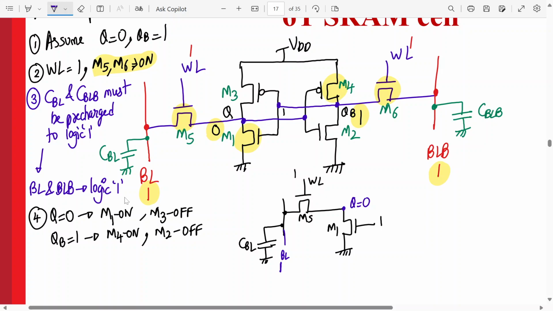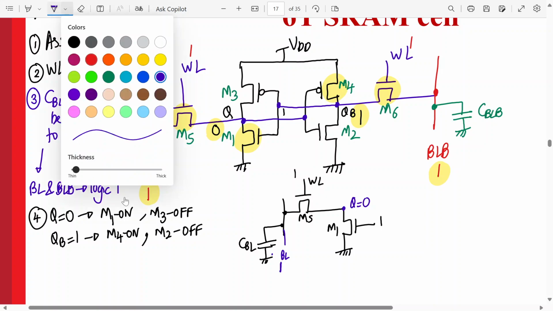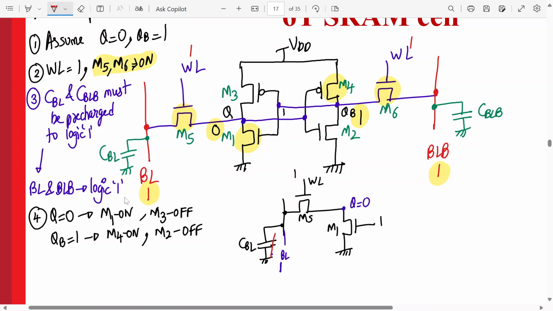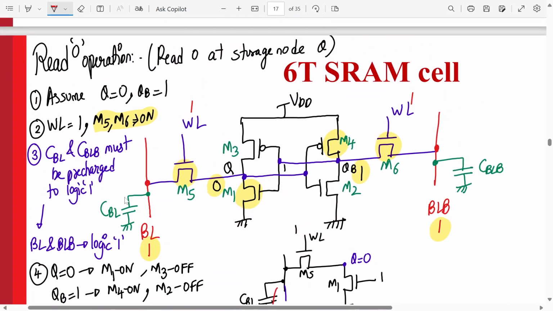So what will happen is your capacitor CBL will try to discharge now. It was storing 1, now it is pre-charged, right? So let me tell you how to pre-charge. Do you know this logic, pseudo NMOS logic? You know pseudo NMOS logic, right?